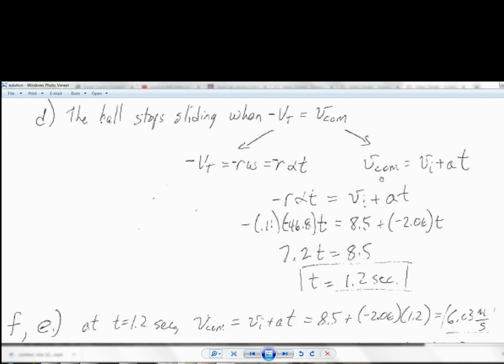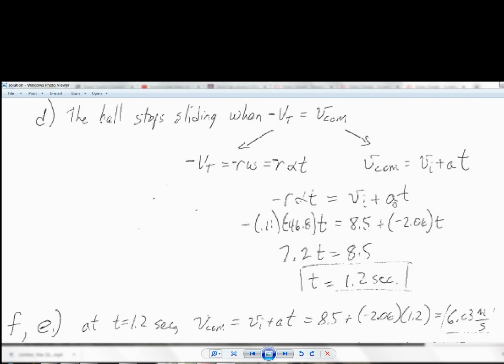Then for the velocity of the center of mass, because the kinetic frictional force is a constant force, I know that the linear acceleration is constant. So my equations of motion tell me that the velocity of the center of mass is equal to the initial velocity plus acceleration times time. So I'm going to set these two equal to each other because they were equal up here.